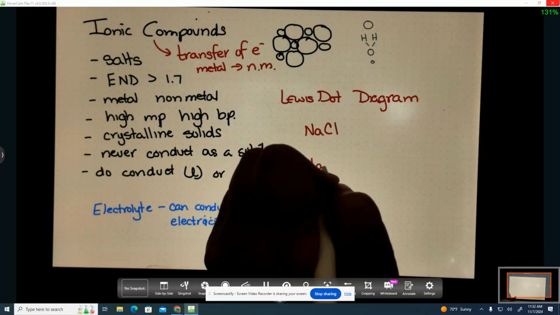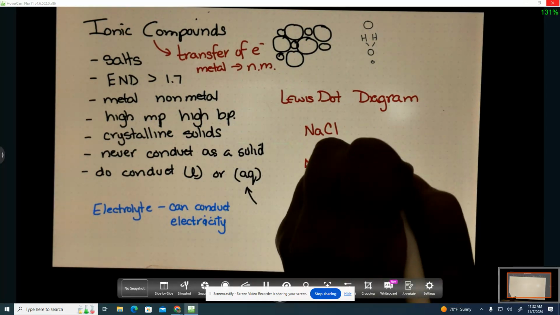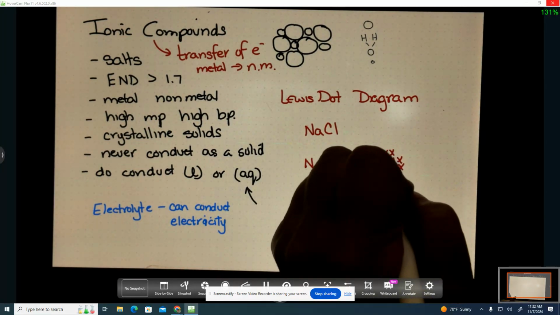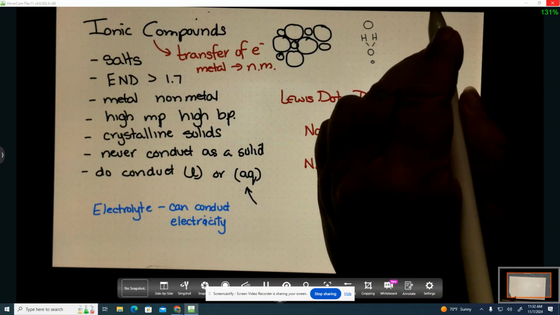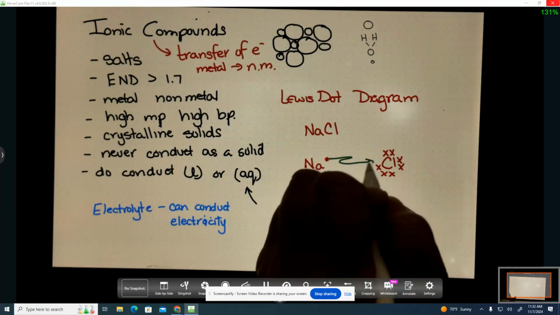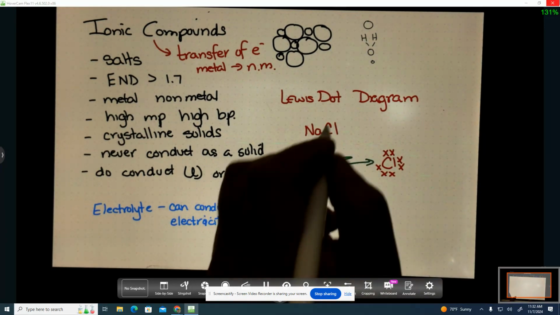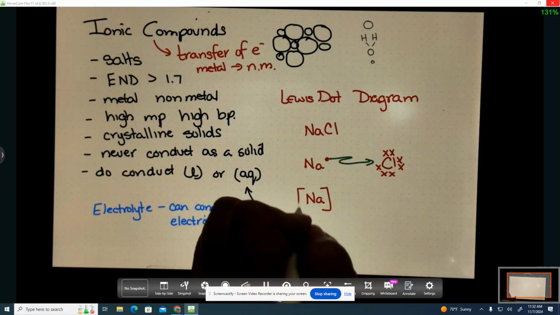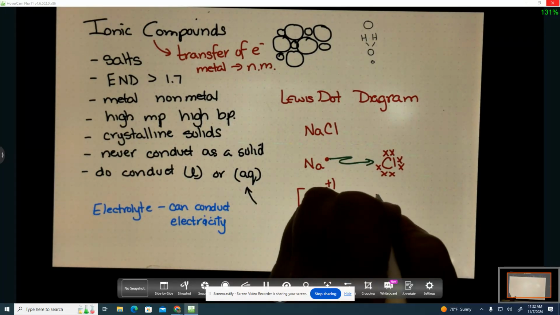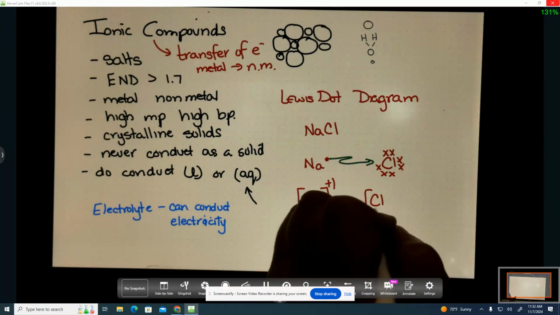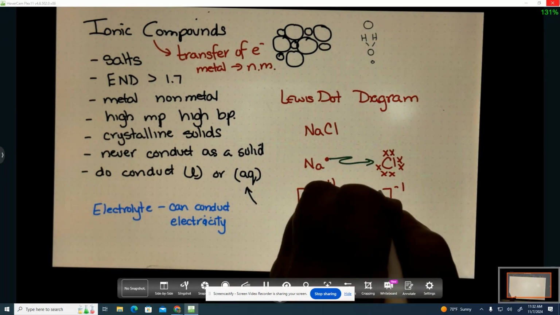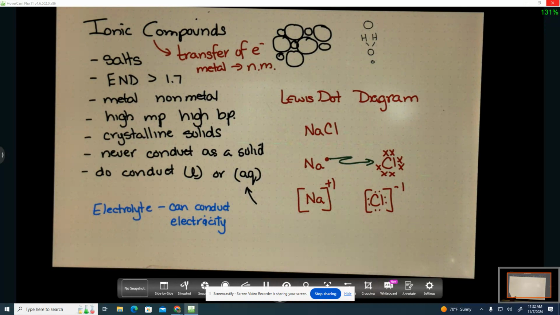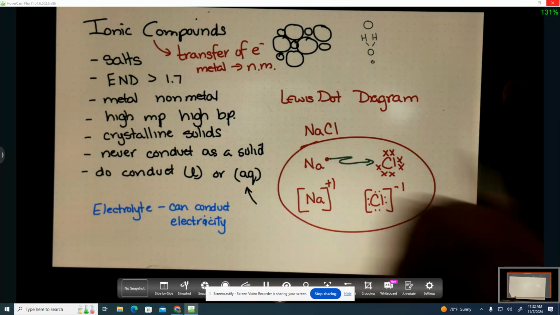Sodium has 1 valence electron. Chlorine has 7 valence electrons. You're going to show the movement of the electron from one to the other. And then you're going to put the sodium in brackets with the positive charge and the chlorine in brackets with the negative charge. That's an ionic compound right there. That's how you draw it.